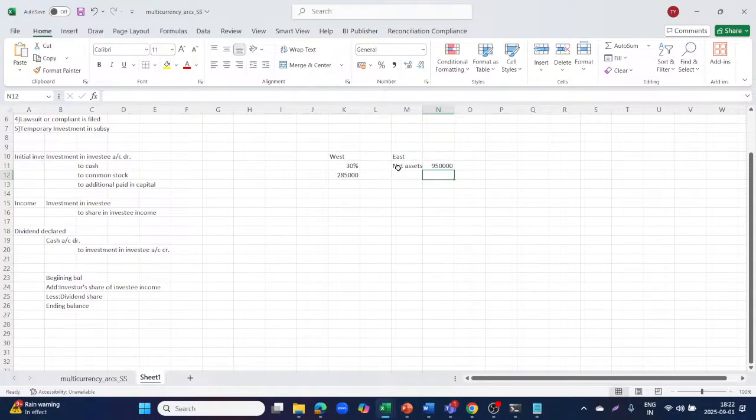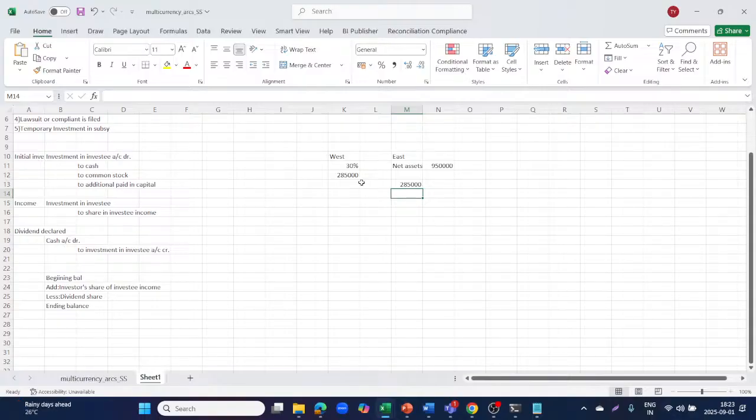So what you will do here, we will say 9,50,000 minus how much. West Company has acquired a 30% investment. Net assets were 9,50,000 and the investment value was 2,85,000. So we'll do the calculation as 9,50,000 into 30%, which will be 2,85,000 only.